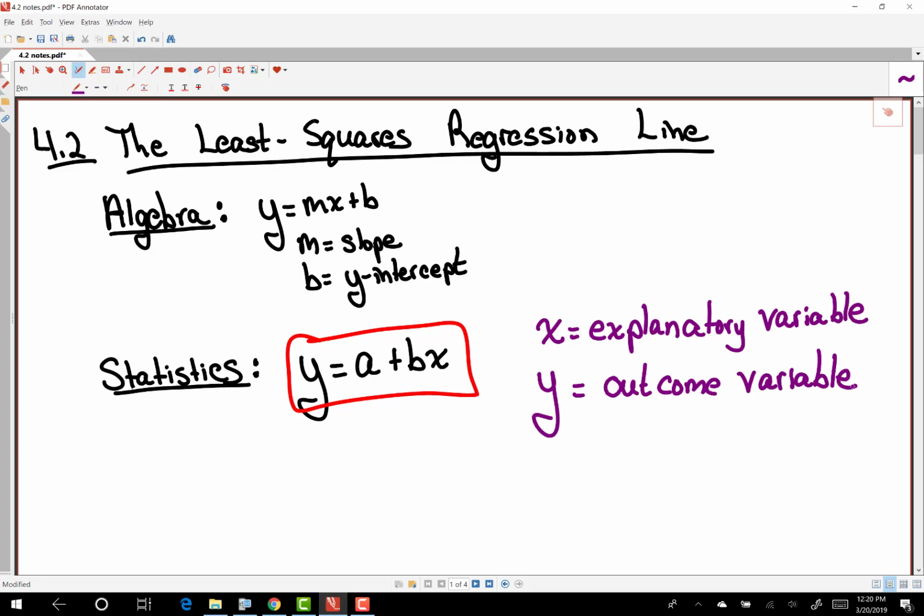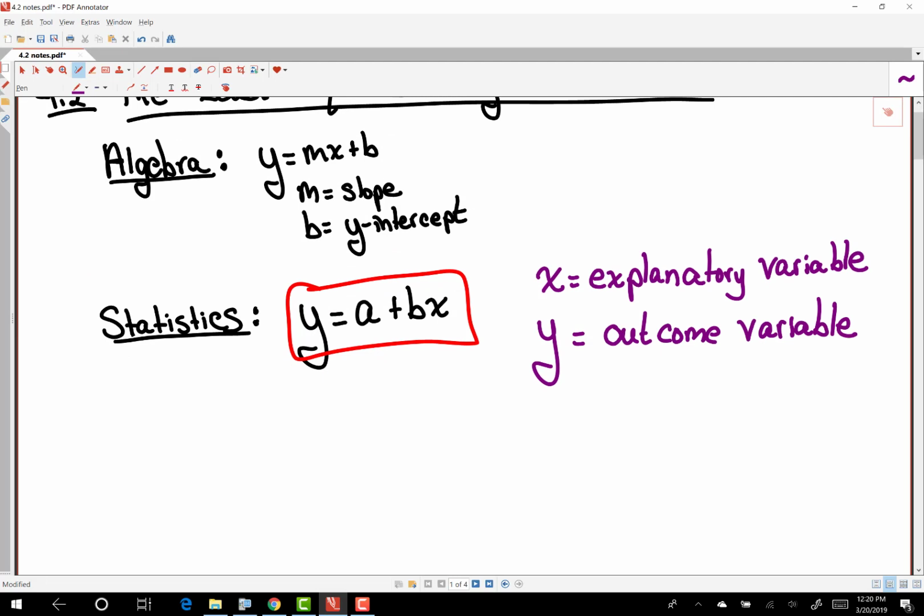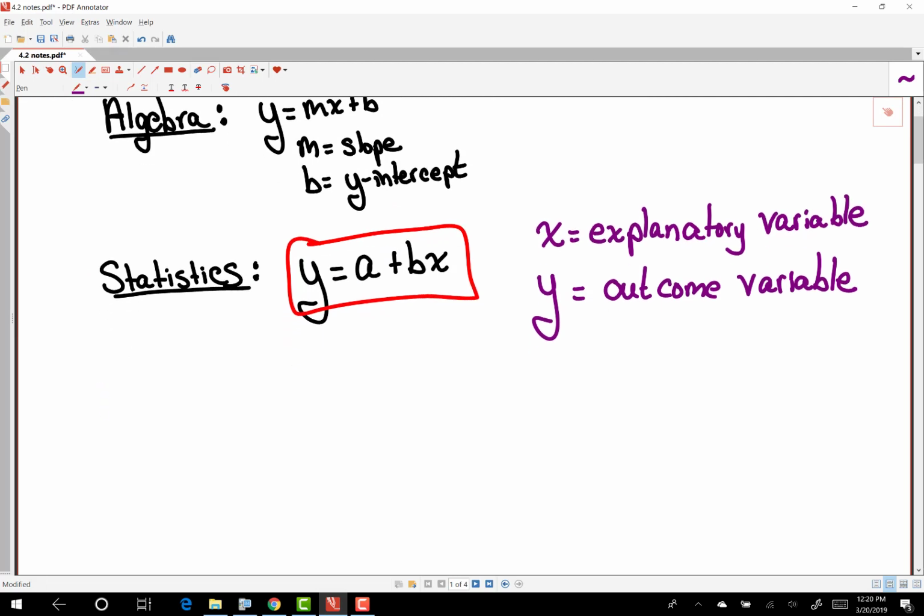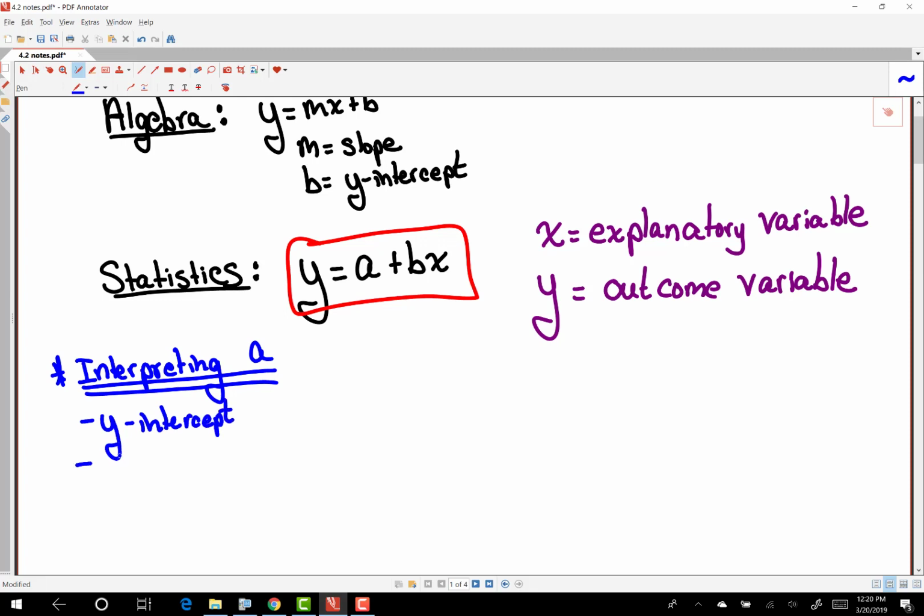And so in algebra, b is what we call the slope. In statistics, we'll talk about the interpretation of b, and we'll also talk about the interpretation of a. So let's do that now, and then we'll look at how this is used. So if you're interpreting a, which is our y-intercept, it is the y-intercept. And sometimes a has no interpretation.